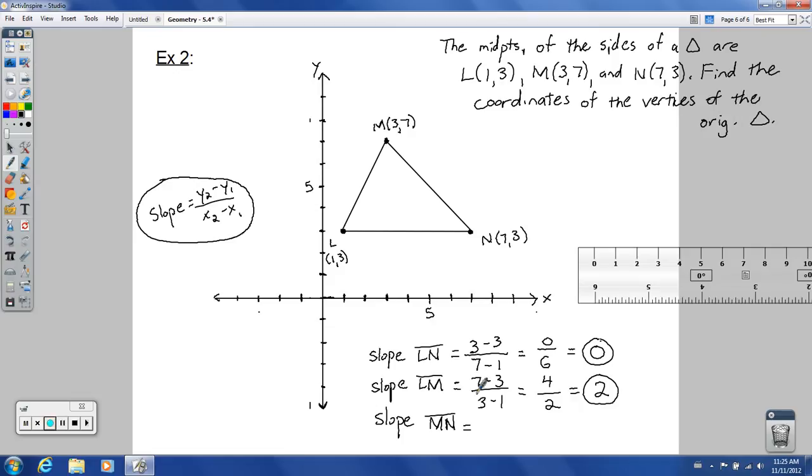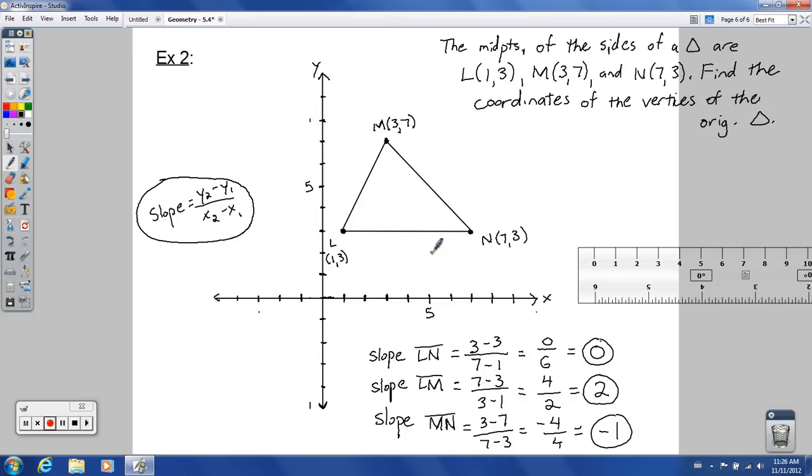Slope of MN, here's M, here's N. Let's go left to right here, so I'll call this x2, y2 here, 3 minus 7, or y2 minus y1, and then 7 minus 3, or x2 minus x1. So this would be negative 4 over 4, or negative 1.